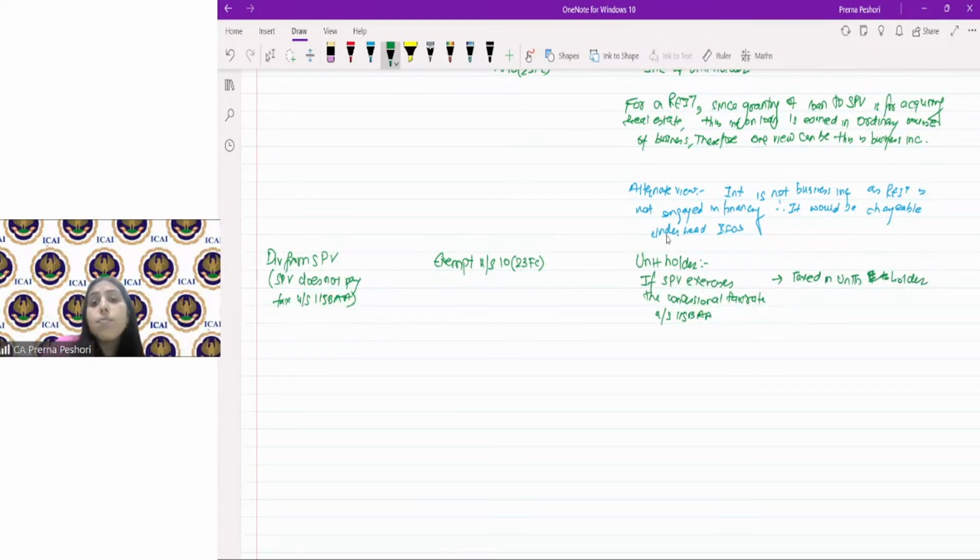Now, let's say the SPV has exercised the concessional tax rate and it is taxed in the hands of the unit holder. Then whether it will be again a business income or income from other sources. What do you think? Whether it will be business income or income from other sources?